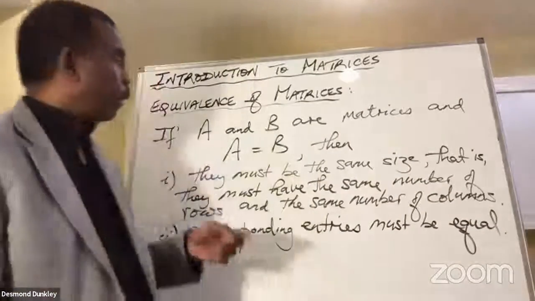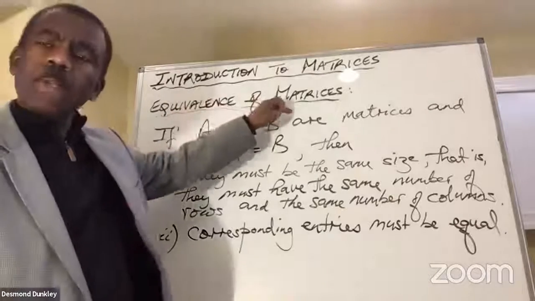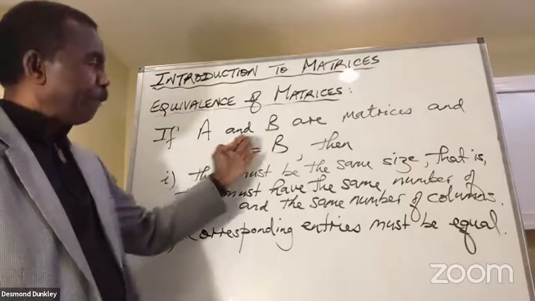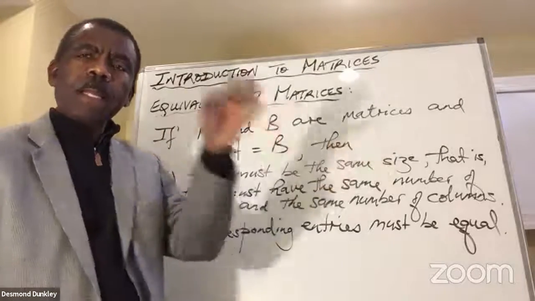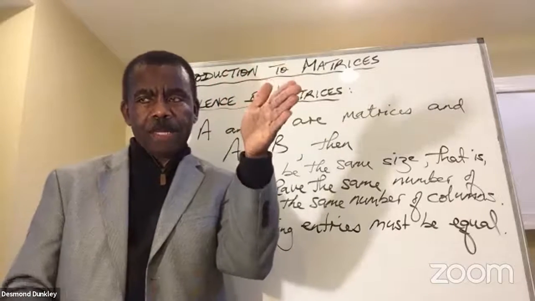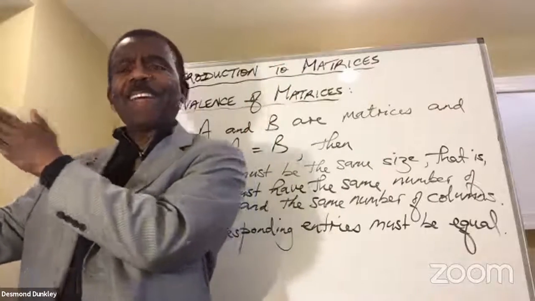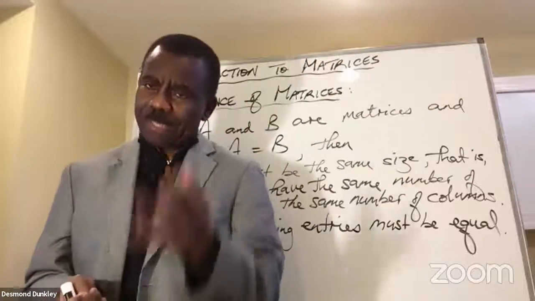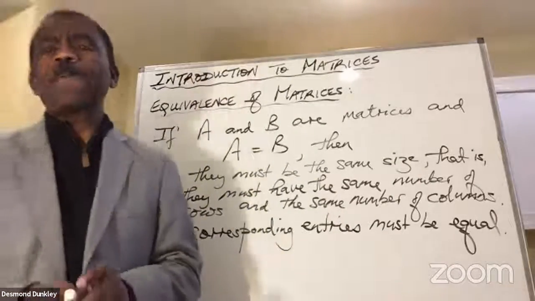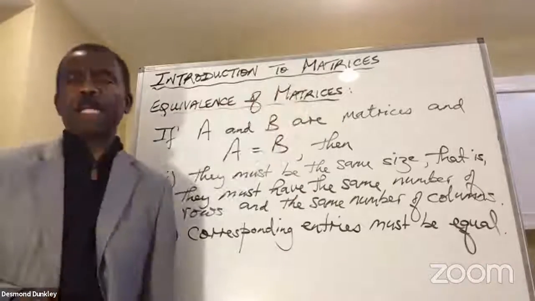In other words, the first entry in A must be equal to the first entry in B. The last entry in A must be equal to the last entry in B. Entries that occupy the same position in one matrix must be equal to the entry in the same position in the other matrix. So those are the two conditions that must be satisfied in order for two matrices to be equal. That's called the equivalence of matrices.